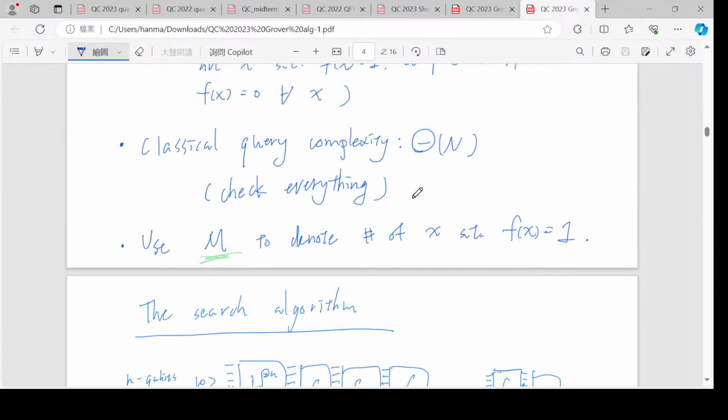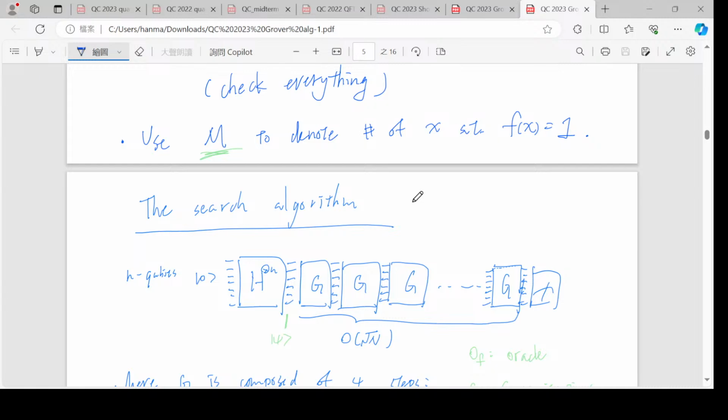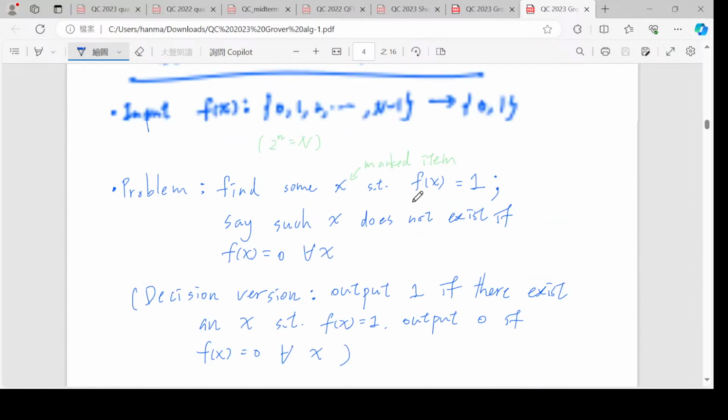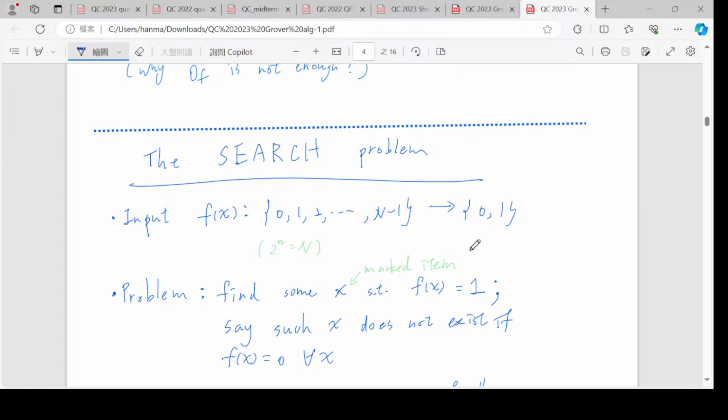So the Grover algorithm is an oracle algorithm that helps us to solve this search problem. So we assume we have an oracle that's expressed like a Boolean function, and so the truth table of this Boolean function is a big bit string. And so you want to find, is there any one in this big bit string?